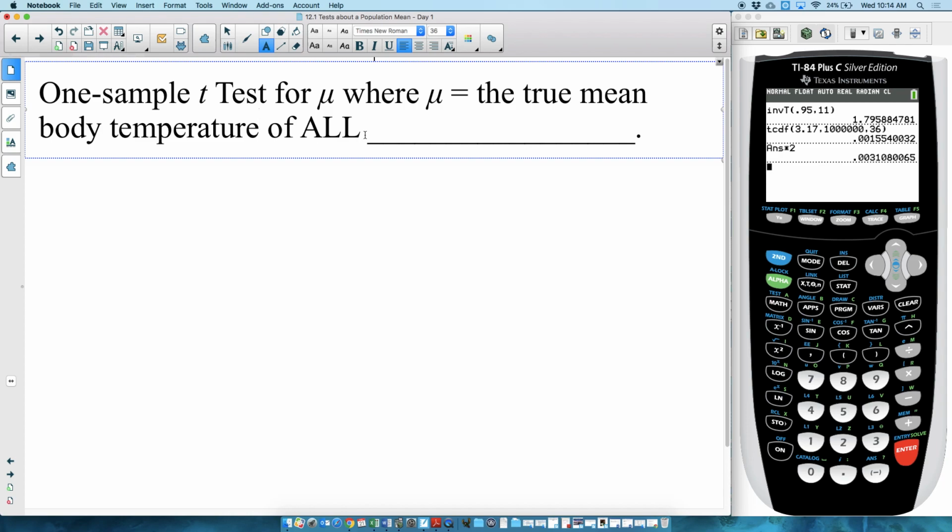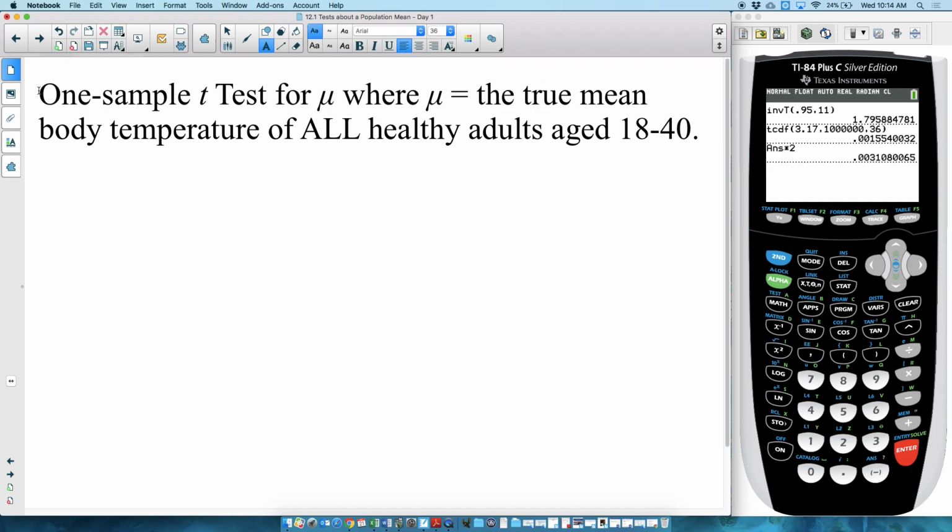Body temperature of all healthy adults aged 18 to 40. Is that it? Yep. Cool. Then, what is step 3? Now we state and check the conditions.